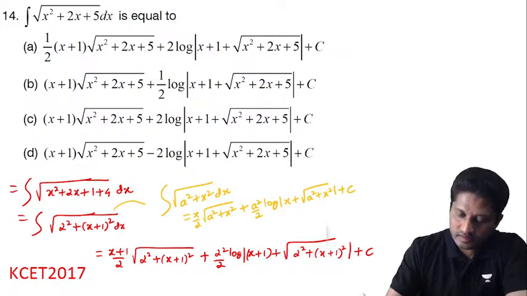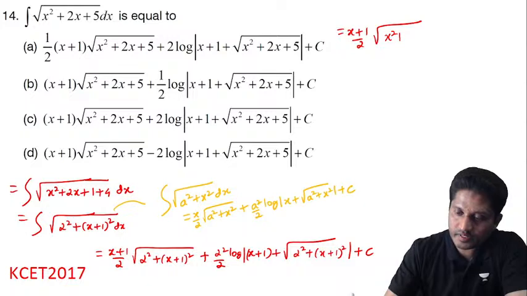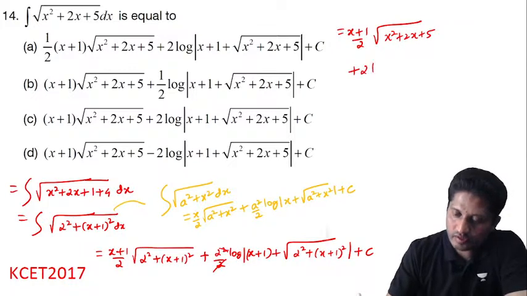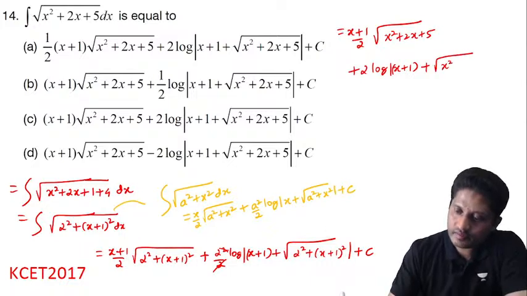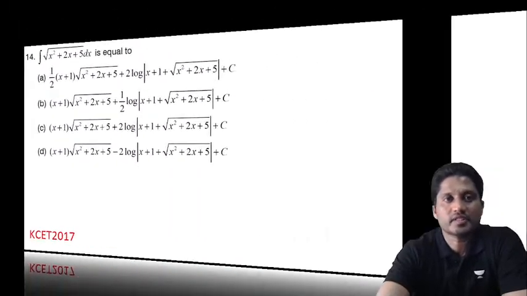So this is x plus 1 by 2 into root of x square plus 2x plus 5, plus root and square cancels, you will get 2 into log of x plus 1 plus root of x square plus 2x plus 5, plus c. That's the answer. Let's move to the next question.